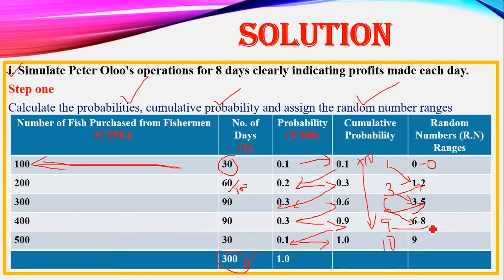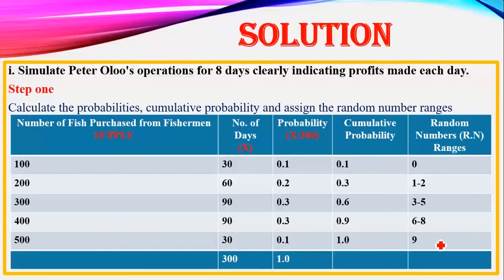Then we take the lower side of 9, which is 8. Then we have our 9 coming here. We take the lower side of 10, which will still be 9, and that's why we only have one value here, which is 9. So basically that is how you get the random number ranges when we have 1 decimal point, that is in tens.